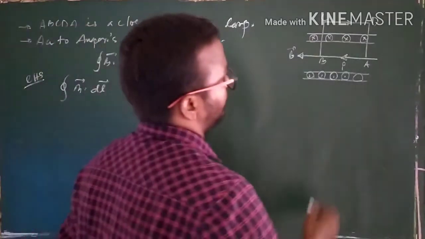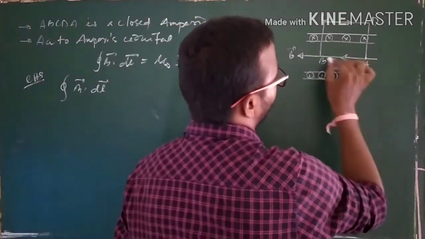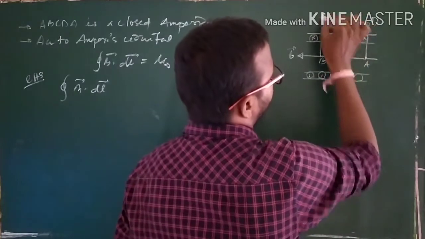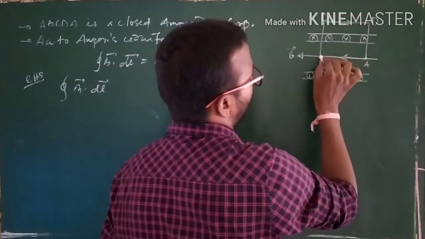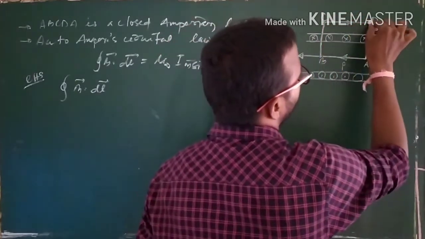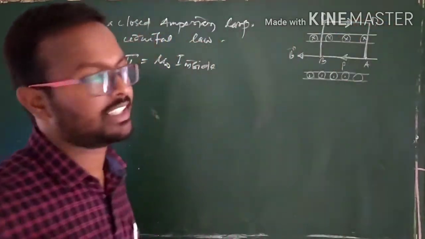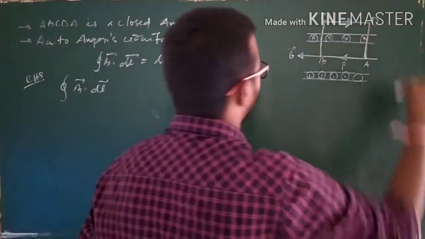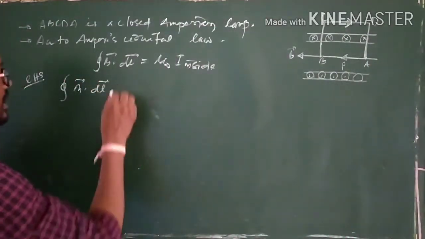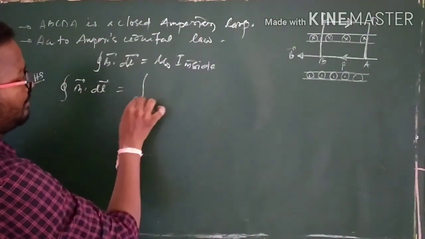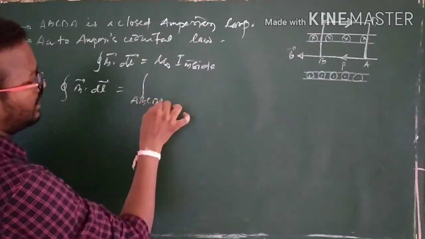This is the Amperian loop A, B, C, D. This is the direction of the loop: A to B, B to C, C to D, and D to A, because this forms a closed Amperian loop just like a rectangle.